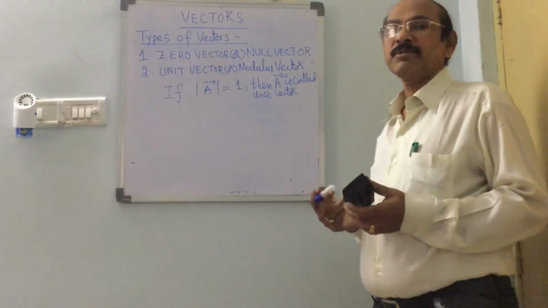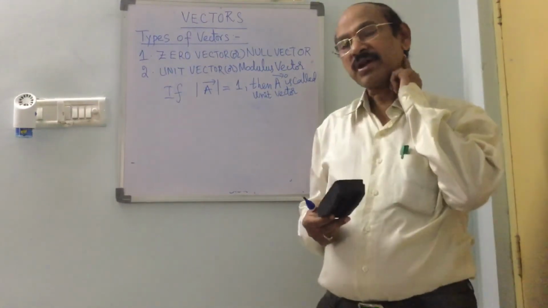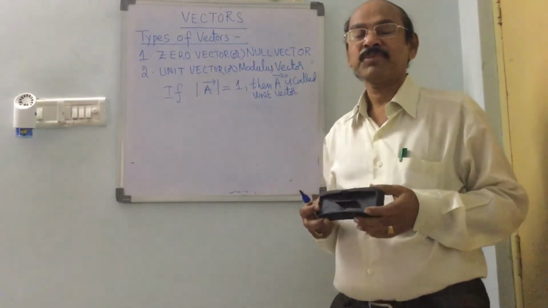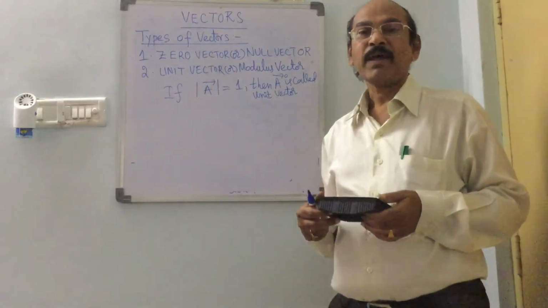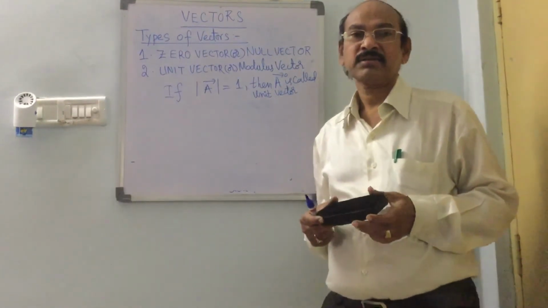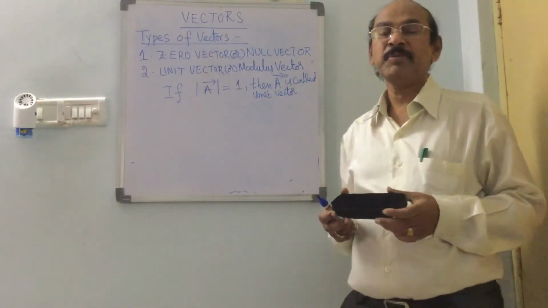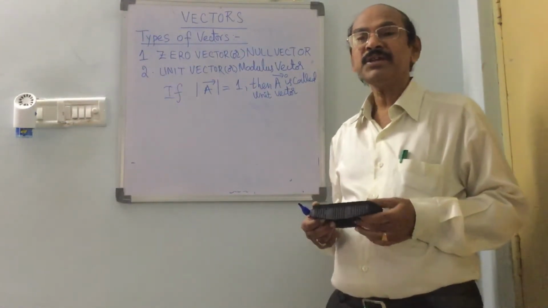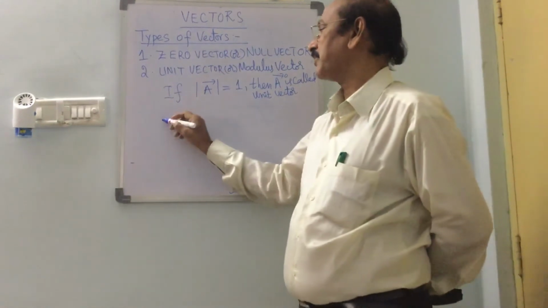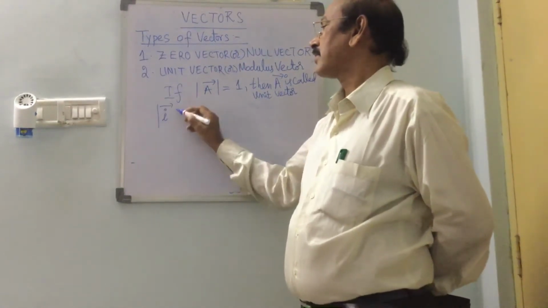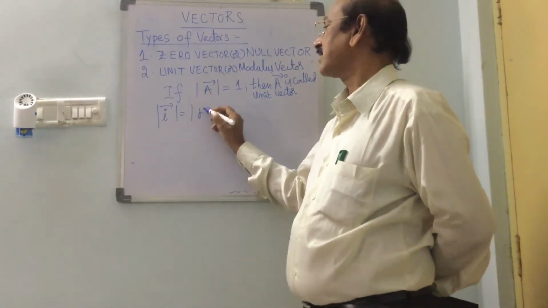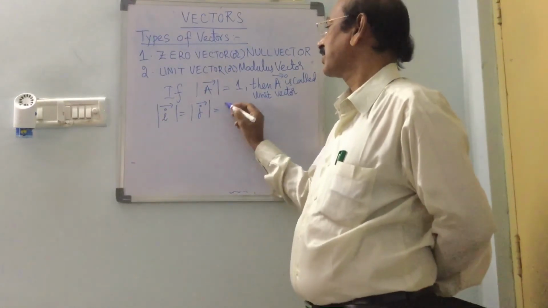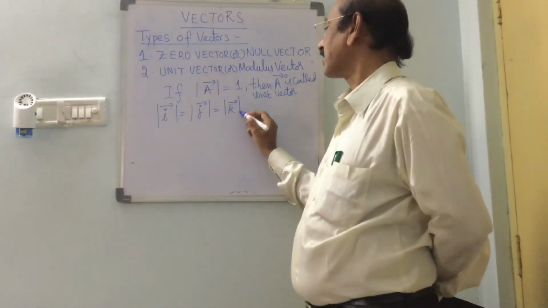For example, in the three-dimensional Cartesian coordinate system, in x direction, i bar is the unit vector. In y direction, j bar is the unit vector. In z direction, k bar is the unit vector. Therefore, all these are examples of unit vectors.